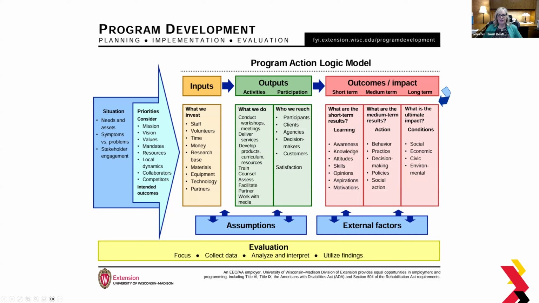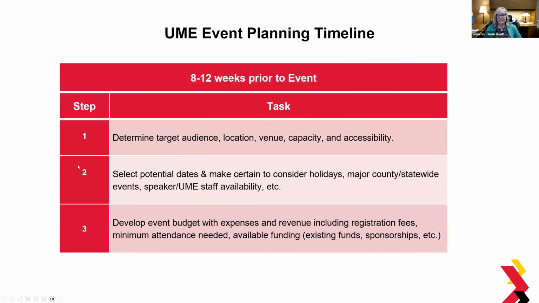And then you develop your programming backwards. So again, that's more of the content, which you all are, I'm sure, very prepared for, but I always feel like that's something essential to talk about. And of course, the needs assessment piece is vital. And that's what leads us into our actual logistics and our UME event planning timeline.